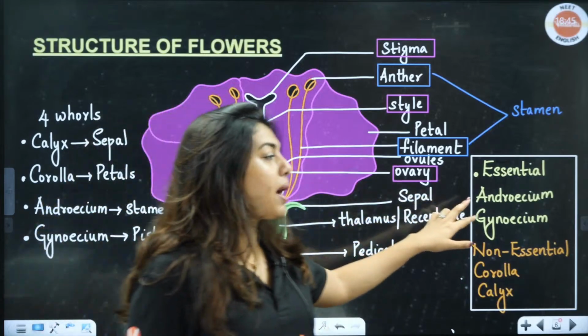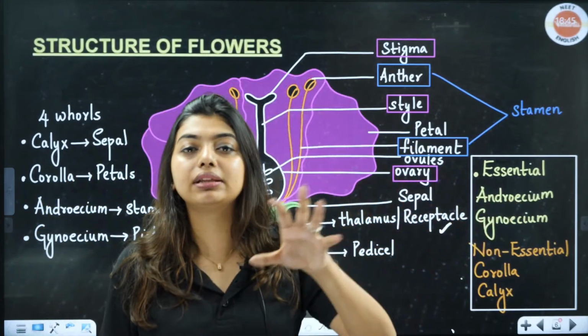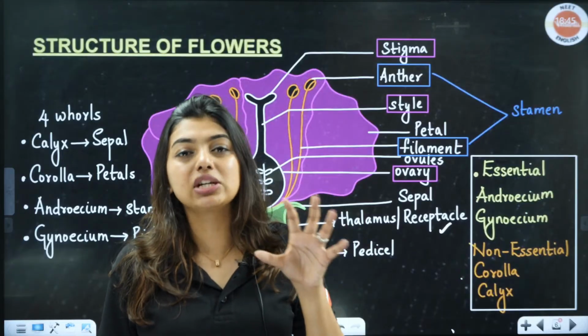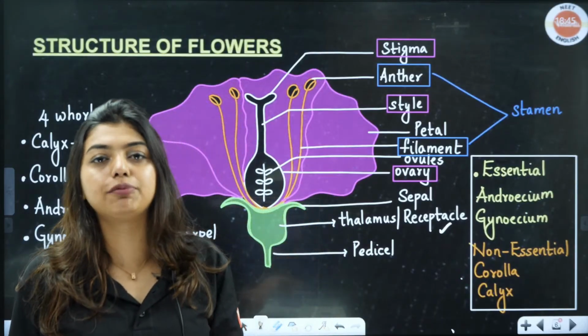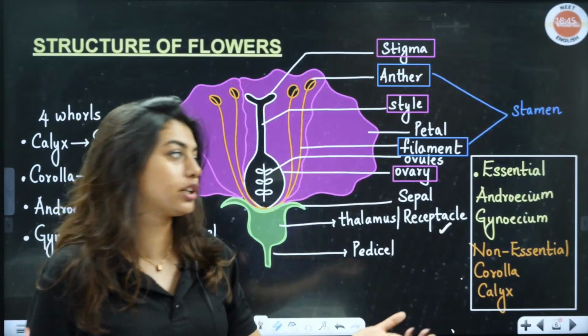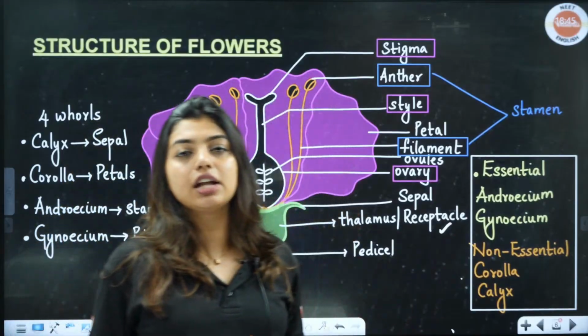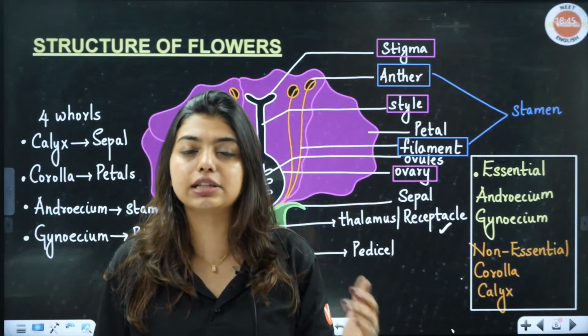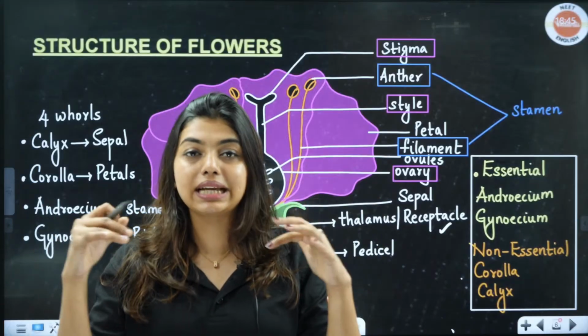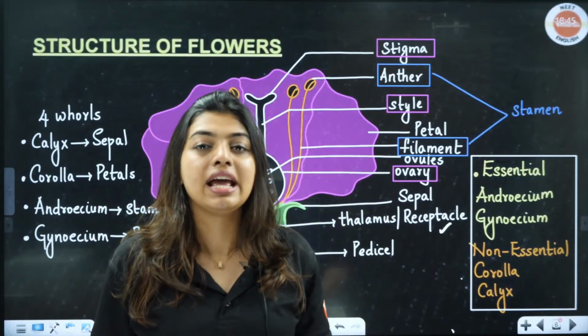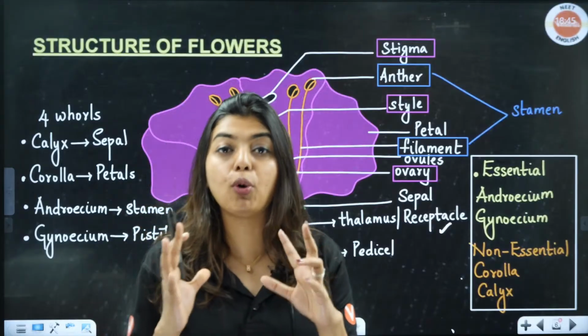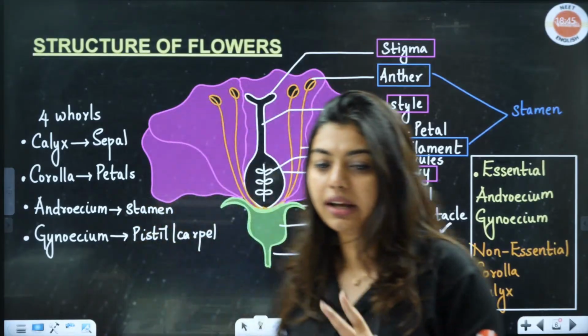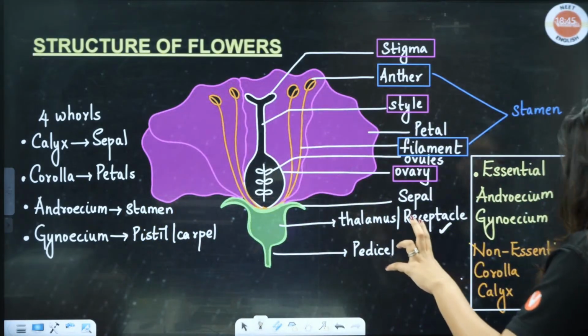Which ones come under essential parts? Androecium and gynoecium, because androecium is the male reproductive part and gynoecium is the female reproductive part. Which ones come under non-essential, students? Corolla and calyx, because with petals, insects will get attracted, right. Calyx is there for protection. So, both are very, very important. Understood? Understood? So, this is your flower diagram.